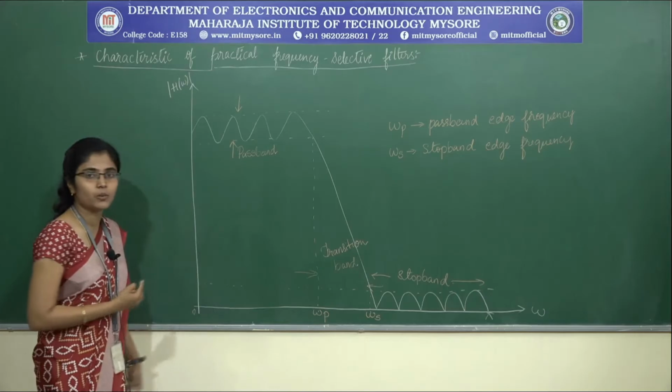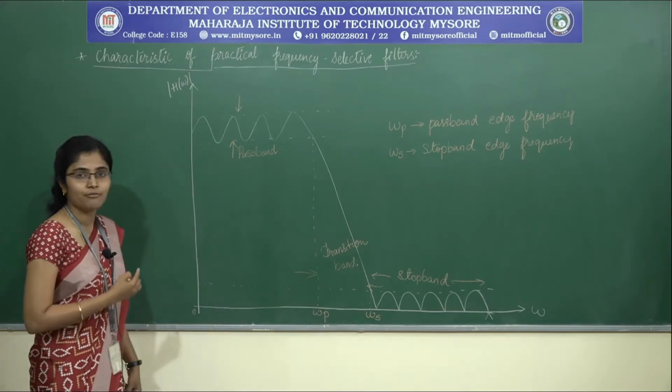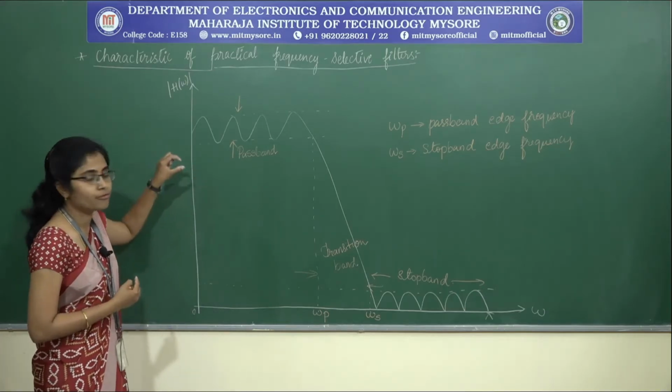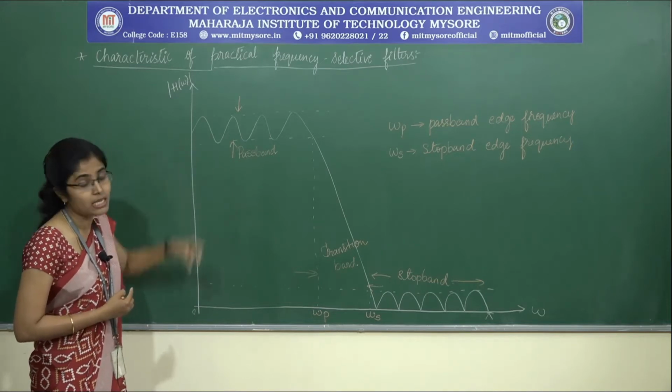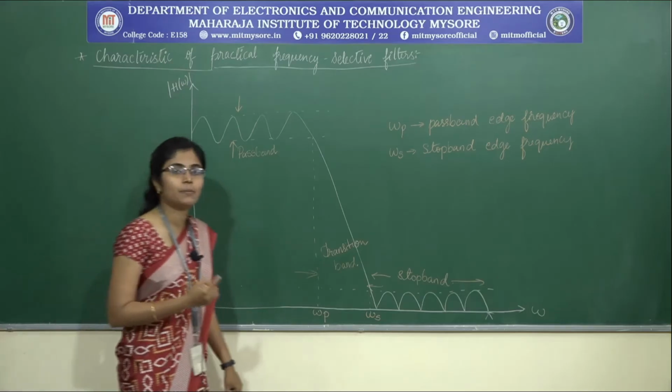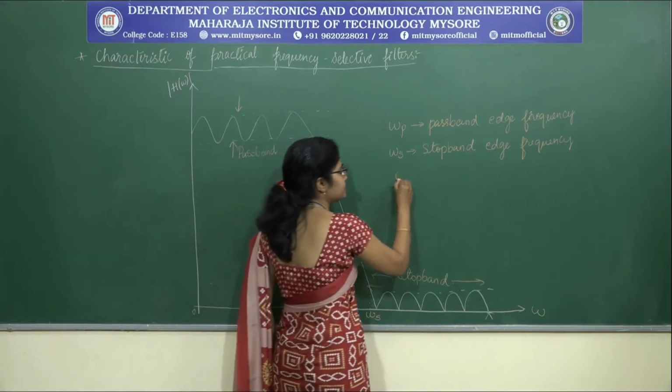Now with respect to ripple, if a certain amount of ripple can be present in the pass band, we denote that ripple as delta 1.